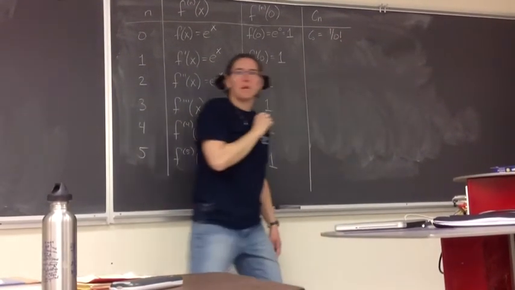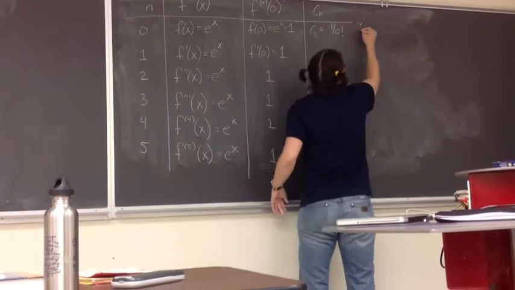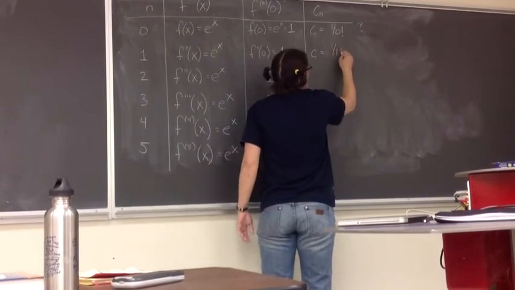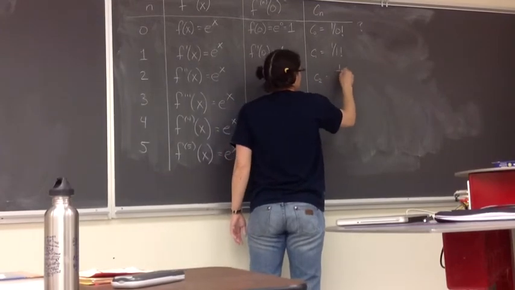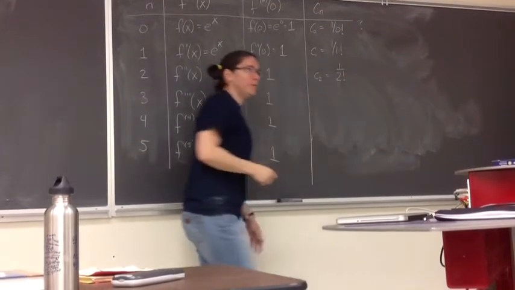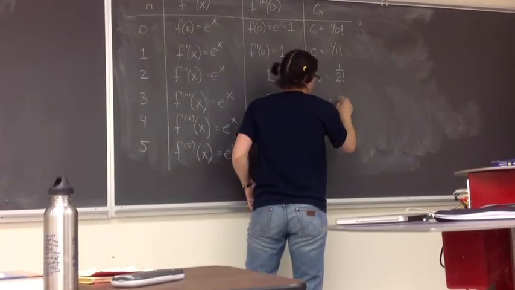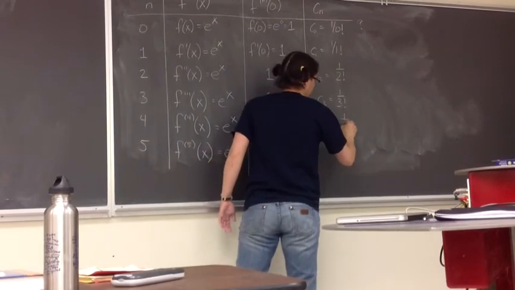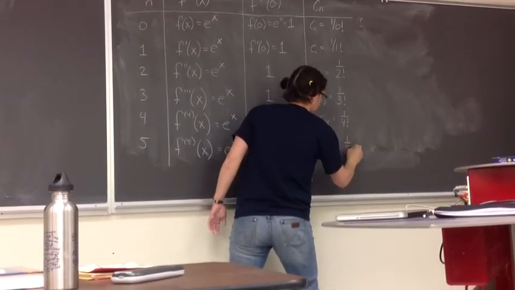I'm going to come back to that one in a minute, because what the heck does 0 factorial mean? We'll put a big question mark on that one. How about c1 is 1 over 1 factorial. c2 will be 1 over 2 factorial. c3 will be 1 over 3 factorial. c4 is 1 over 4 factorial. And c5 is 1 over 5 factorial.